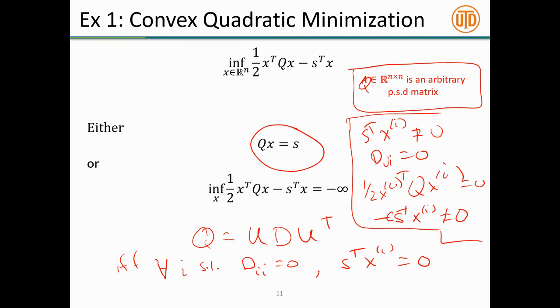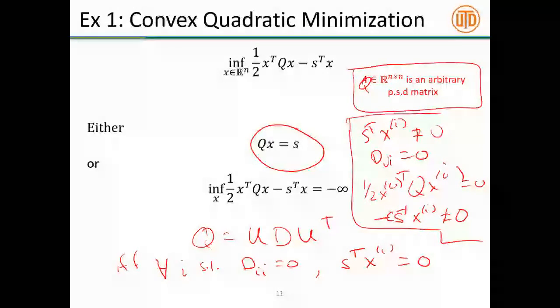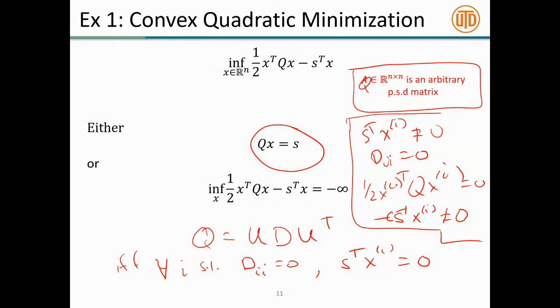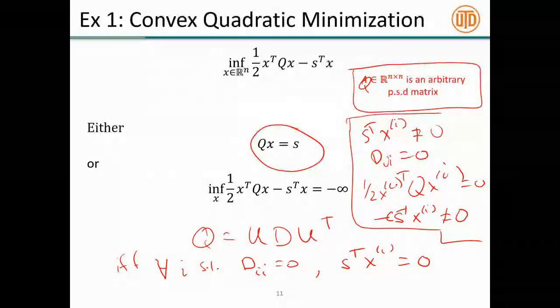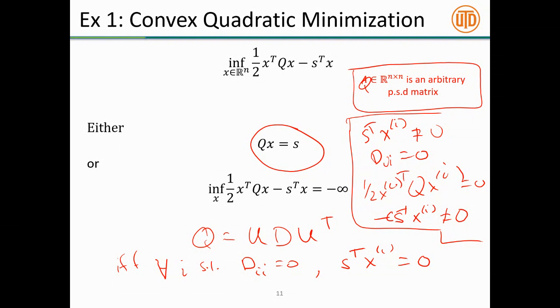So then there are only two possibilities. Either this linear system has a solution, so that S has no component along an eigenvector that has a zero eigenvalue, or the solution to this optimization problem is negative infinity, because I can just make the objective function as small as I want. Okay. Everyone happy with this argument? It's important because it's the linchpin for the more complicated arguments I'm going to slowly build up to.